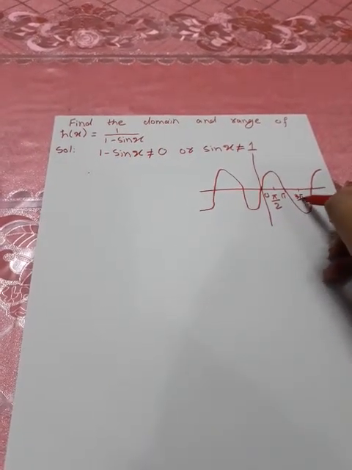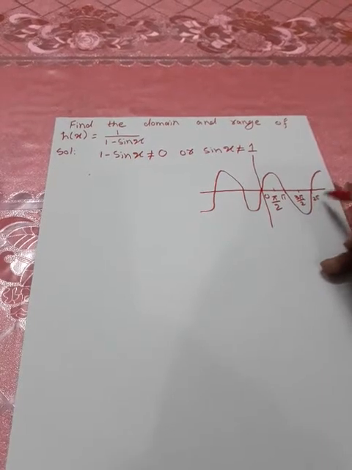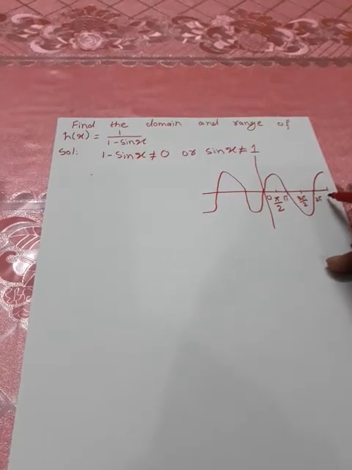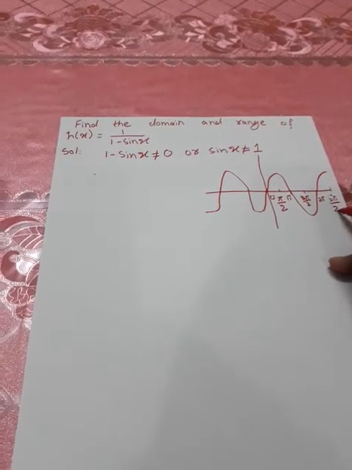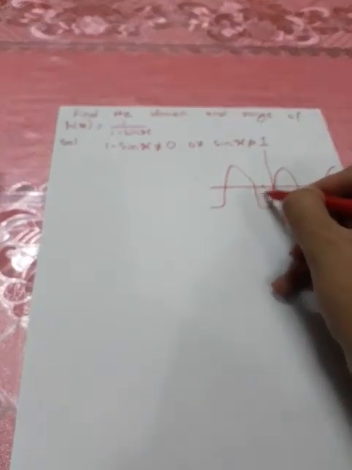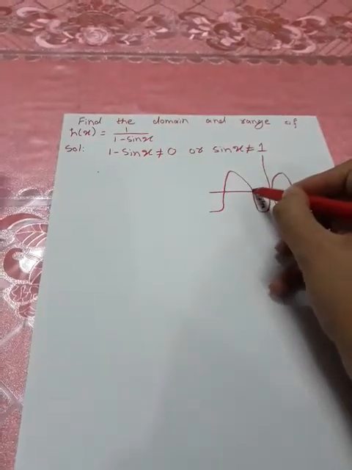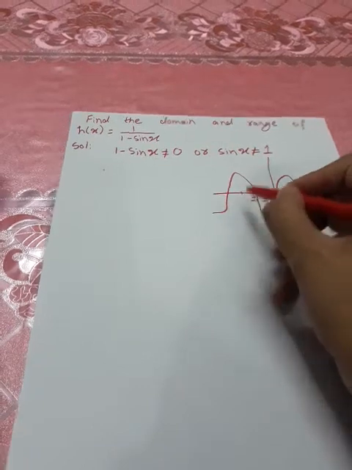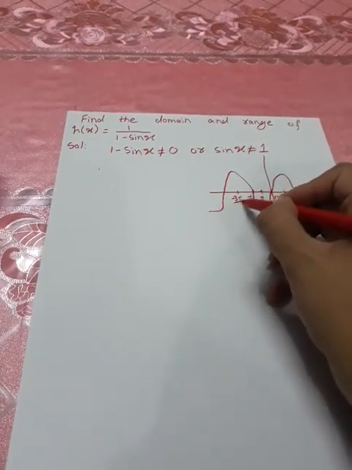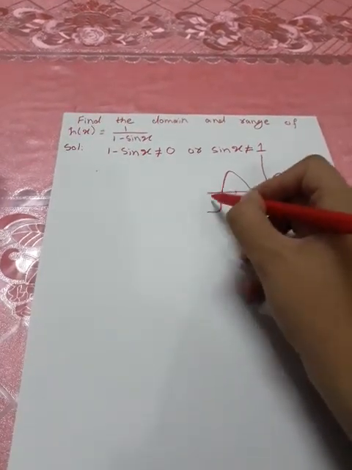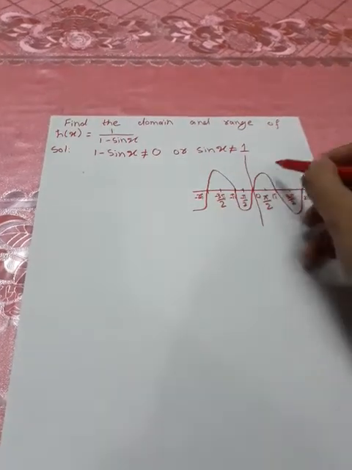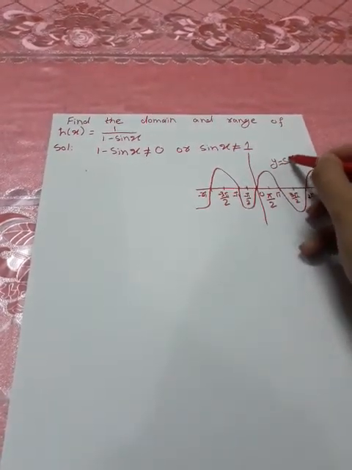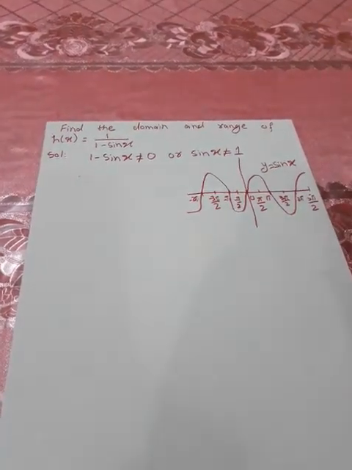Here is 3 pi by 2. Here is 2 pi. And here is 5 pi by 2. Here is minus pi by 2. Minus pi. Minus 3 pi by 2. Minus 2 pi. It is the graph of the function y equals sin x.